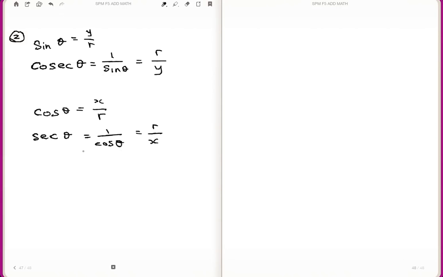Some function later that you will learn how to prove, then you need to know this. Then tangent theta, that will be y over x. And cotangent theta is equals to 1 over tangent theta, which is equals to x over y.